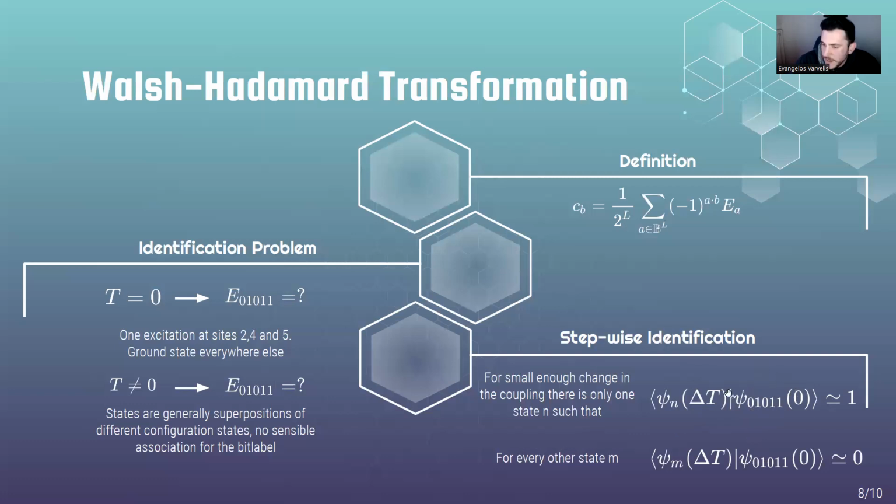What we identify then as our new 0, 1, 0, 1, 1 state will be the one which is mostly collinear. And of course, once you do that for every state, you have an identity for each state after a step delta t. You can repeat that procedure for another step of this size and keep track of the identity of each state for an indefinite range of t.